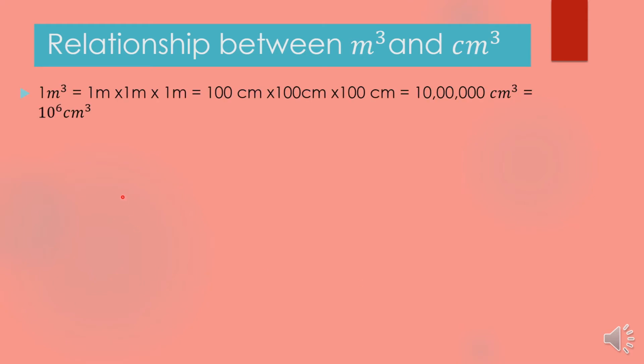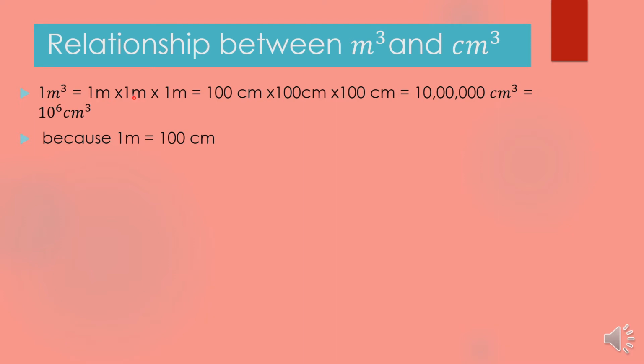So first, how do we write 1 meter cube? 1 meter cube we write 3 times: 1 meter multiplied by 1 meter multiplied by 1 meter. And as we know, 1 meter equals 100 centimeter. It means we can write 100 centimeter 3 times: 100 centimeter multiplied by 100 centimeter multiplied by 100 centimeter. This 100 centimeter is in place of this 1 meter.